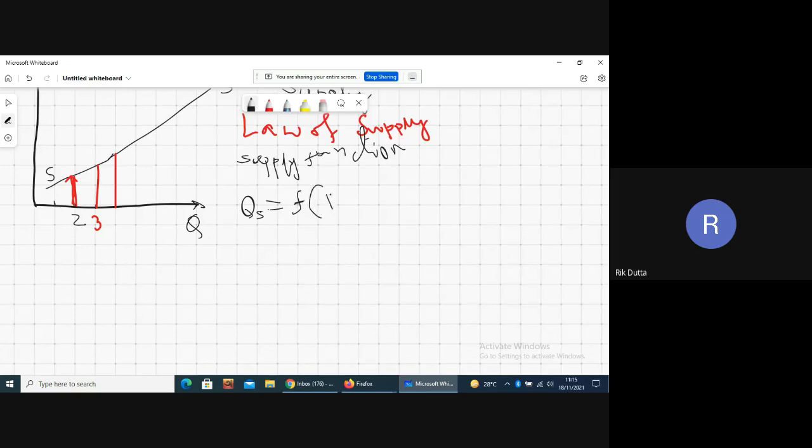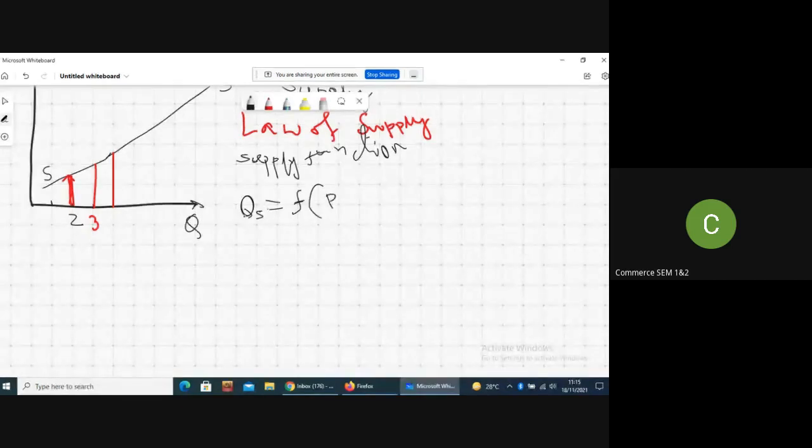So quantity supply is a function of the price of the commodity and the other factors. The other factors mean price of complementary goods, price of substitute goods.